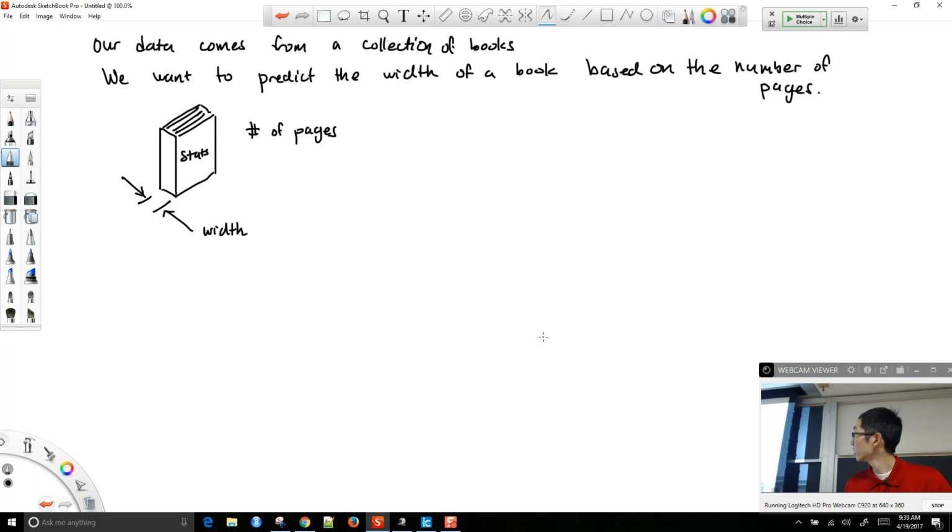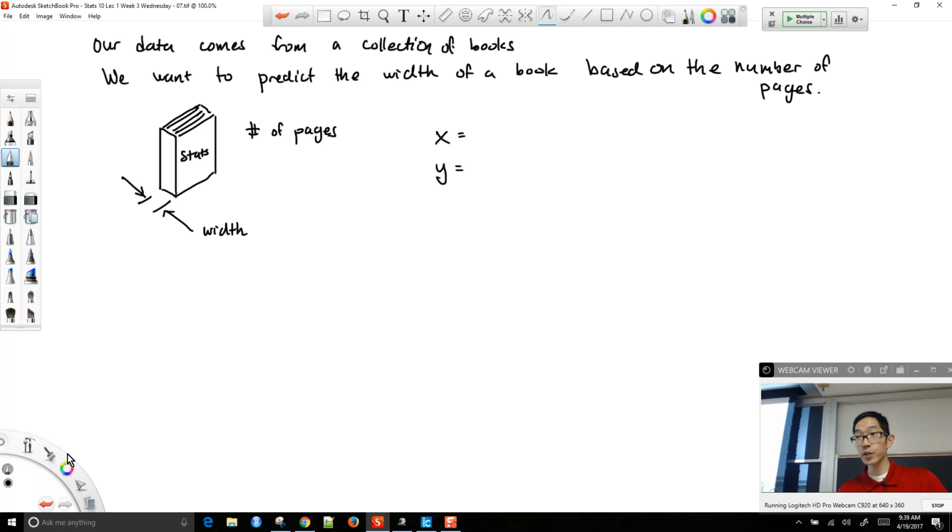So in this case, which variable is our x and which variable is the y? The width is x, visually there, but then we don't know how many pages there, so actually, we want to predict the width.